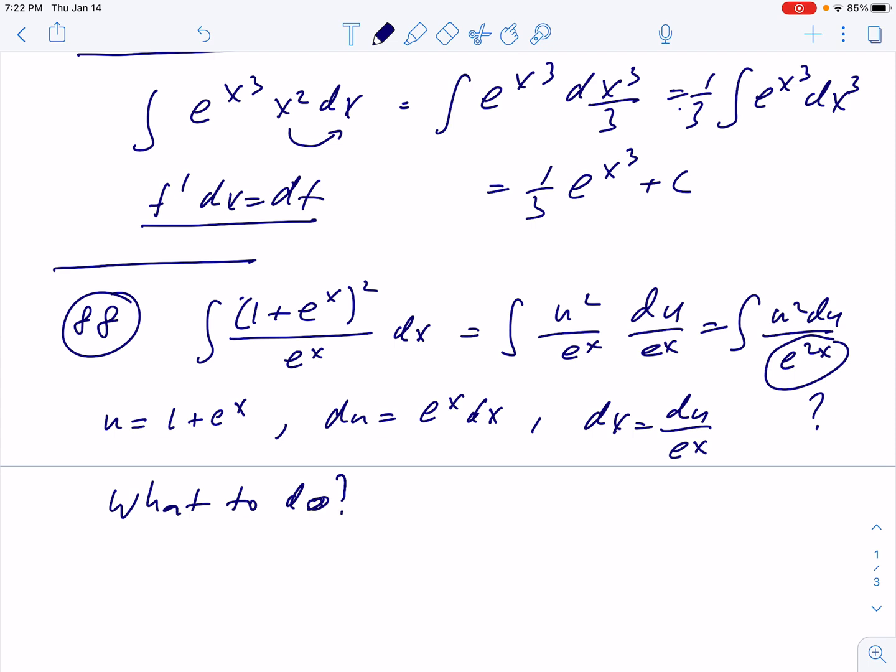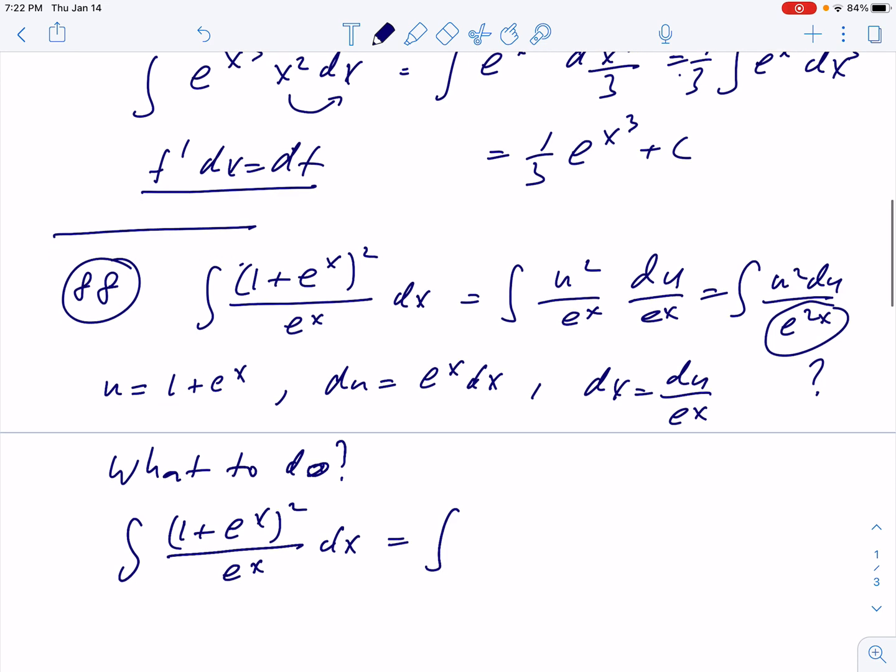Well, this is what we shall do. We shall simplify the integral. We take the integral of (1 plus e^x) squared over e^x dx, and we work the square on the top. Remember the formula of a perfect square: (a plus b) squared is a squared plus 2ab plus b squared.